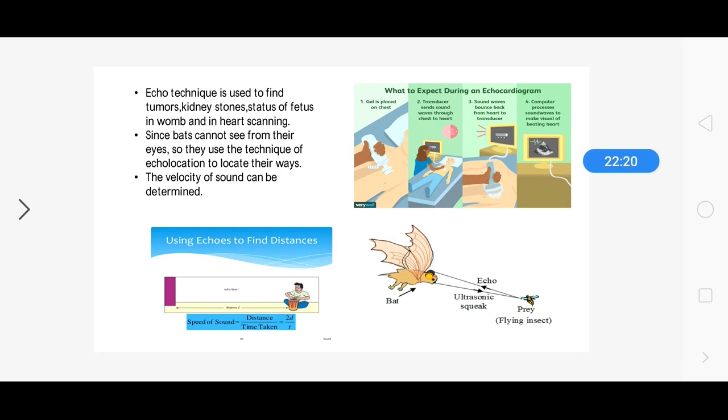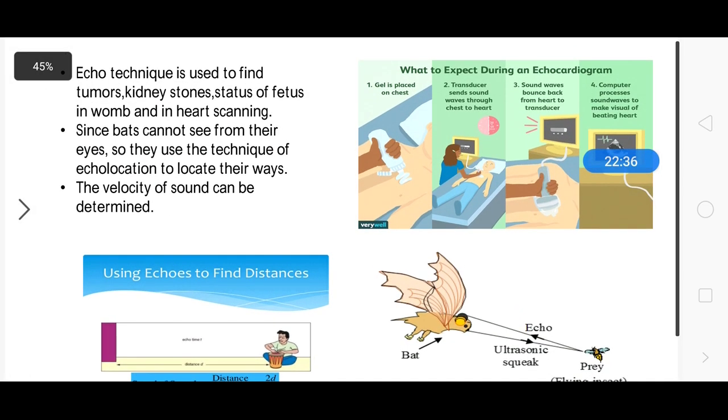So here in the slide you can see echo scanning, or echocardiogram, where we are using the echo concept. See the slide. Gel is placed on the chest. The transducer sends sound waves through the chest to the heart, and the sound waves bounce back from the heart to the transducer.